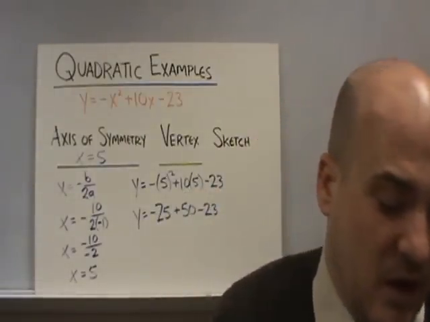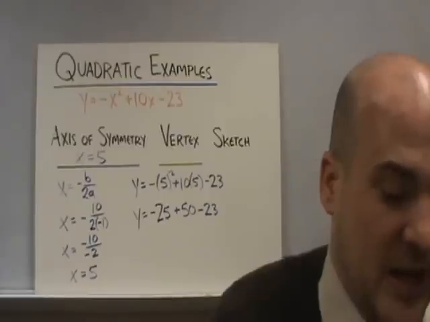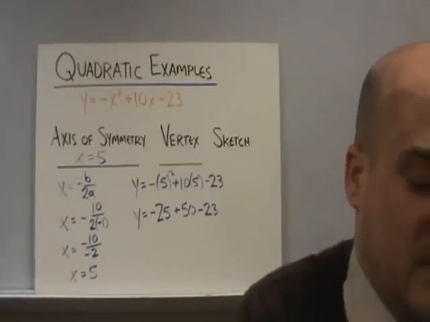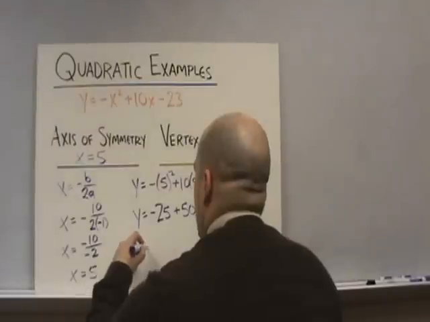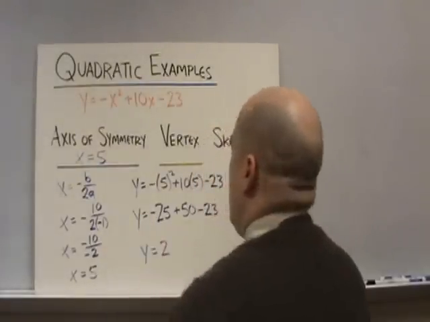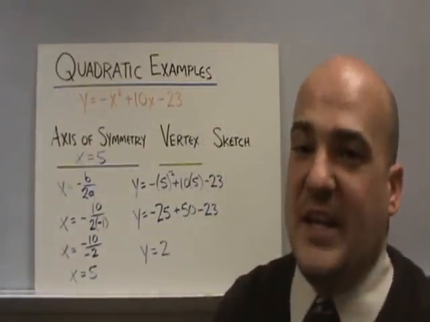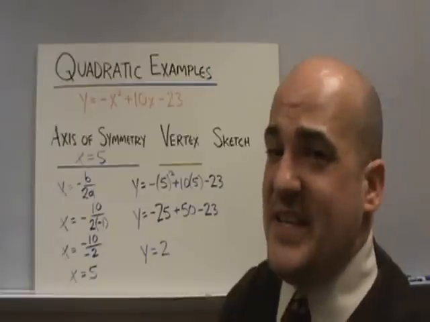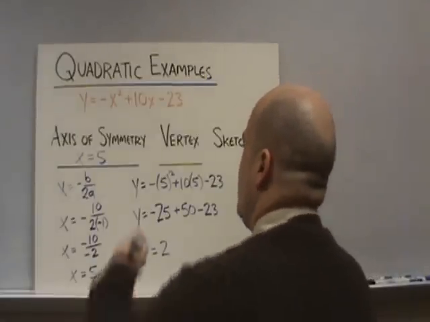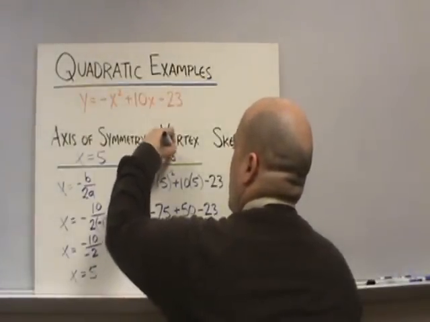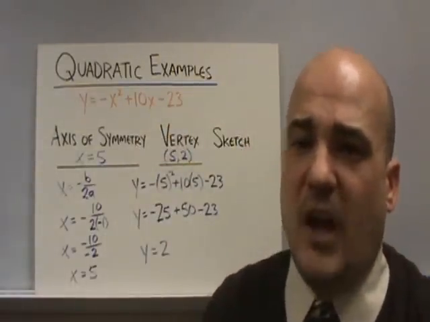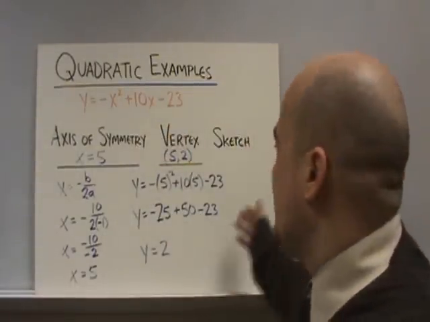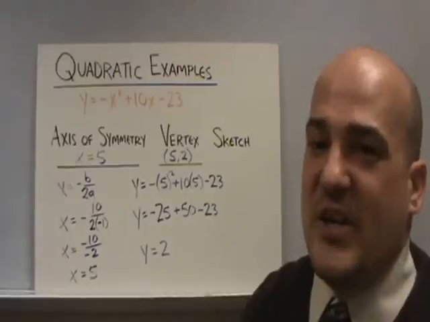When I solve this one, I'm going to end up with y equals 2. So I know x is 5, and I know that y is 2, so my vertex must be 5, 2.